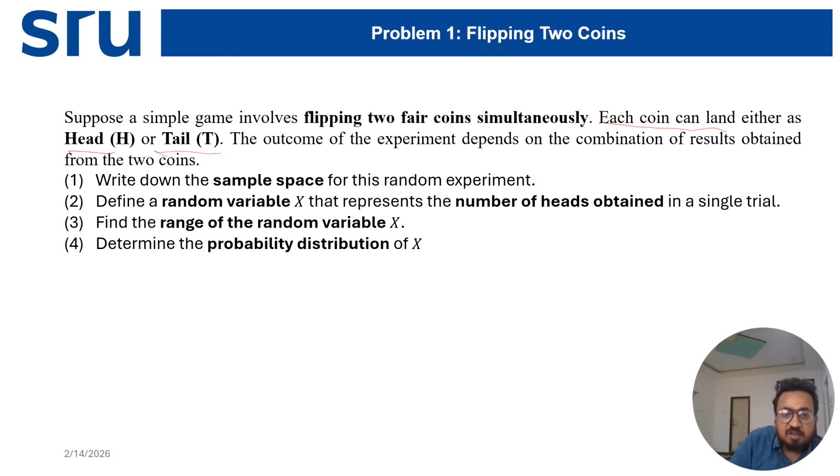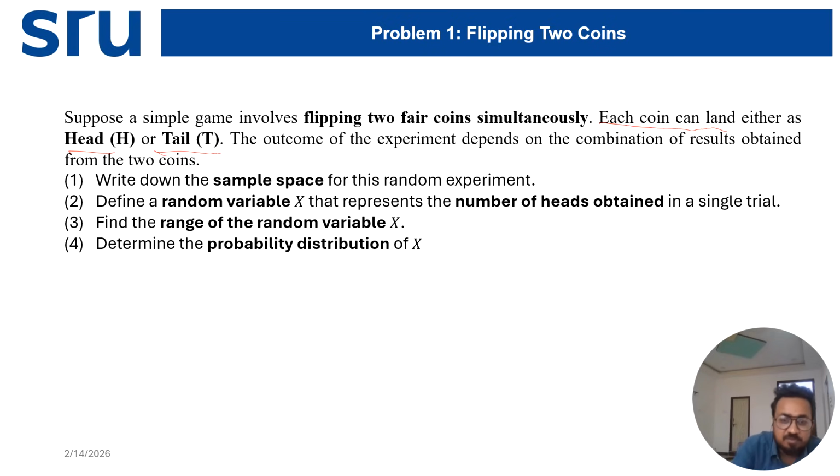The outcome of this experiment depends on the combination of the results obtained from the two coins. First, write down the sample space for this random experiment. Define a random variable that represents the number of heads obtained in a single trial. Find the range of this random variable X and determine the probability distribution of X. So this is the question.